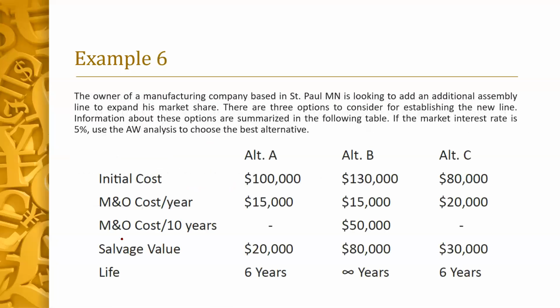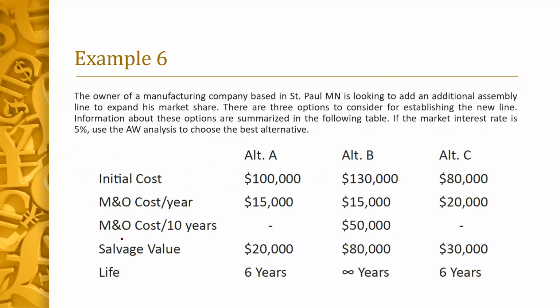All right, let's take another example, which is example number 6. Example number 6 basically will also help you understand the whole annual worth and will be considered as a review for the previous concepts, for multiple alternatives and also for the infinity.